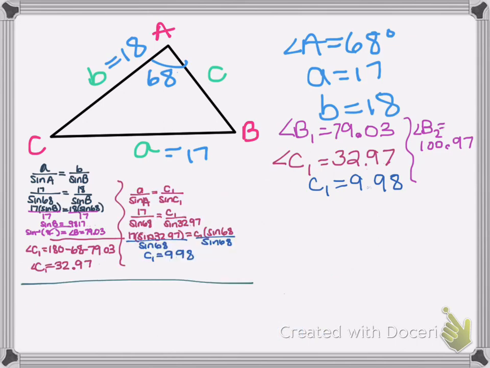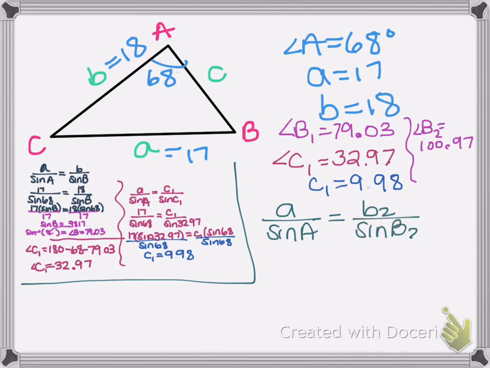So now that I've completed triangle 1, I'm going to complete triangle 2. So I would use A over sine of A equals B2 over sine of angle B2. And A is still 17 over the sine of angle A, which is still 68, would equal B2, which is my unknown, over the sine of 100.97.